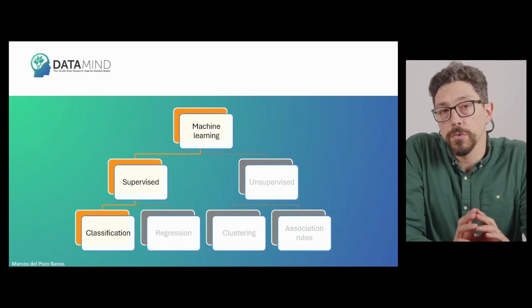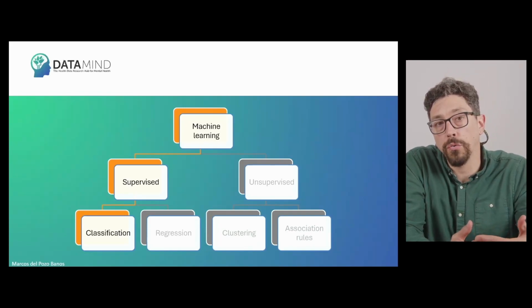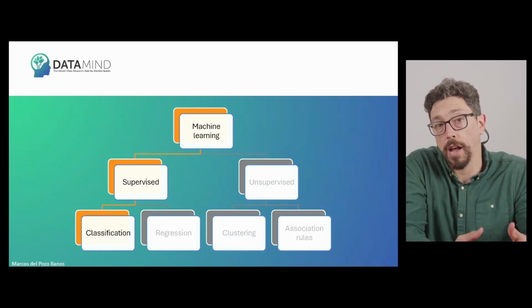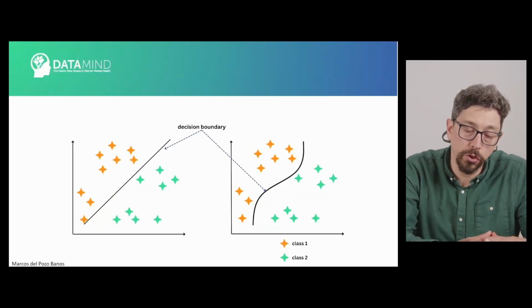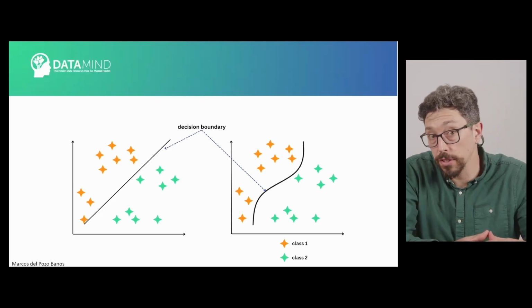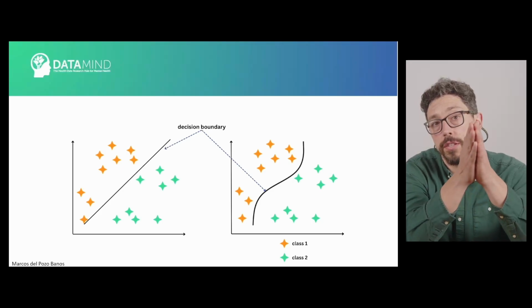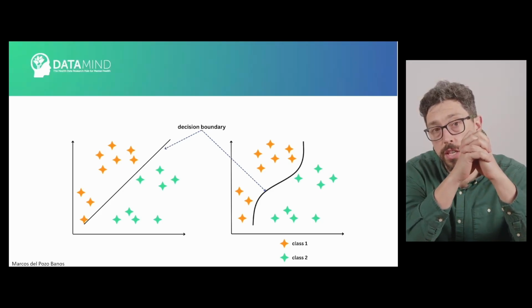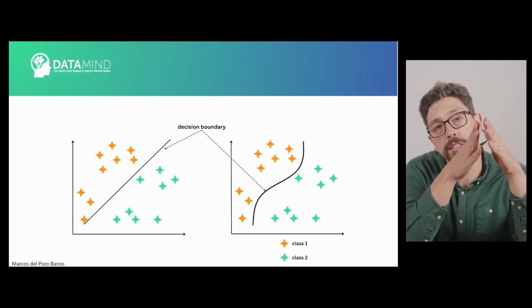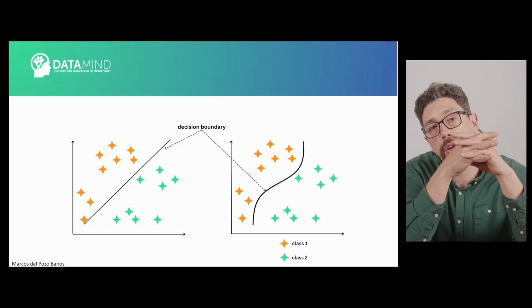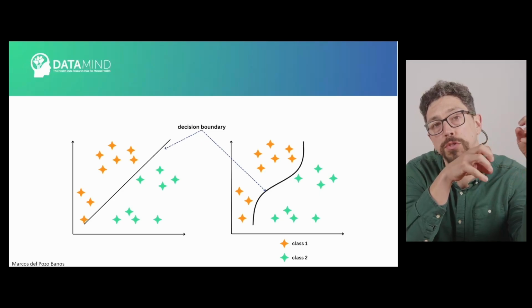Classification algorithms are a type of supervised machine learning algorithms that try to assign classes to each of the labels. So in the slide that you can see there, it's trying to find the line that separates two groups of samples.